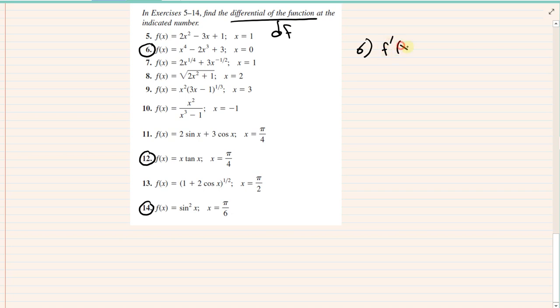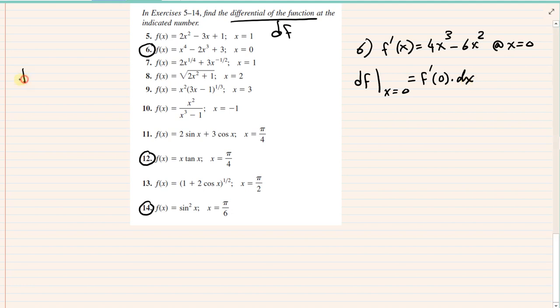You take the derivative, that's going to be 4x cubed minus 6x squared using the power rule. And we want it at x equals 0. So there is the differential. The differential of f evaluated at 0 means f prime at 0 times dx. Remember the formula we had for the differential of x? Maybe I should write that here.